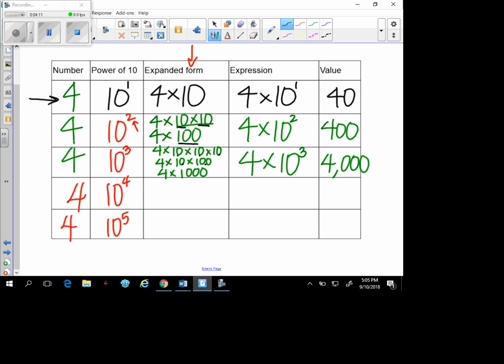I did a 10 times 2 consolidated 10s. 10 times 10 is 100. And then I consolidated them at the end. So based on your exponent, you should see that many rows in that expanded form. So let's go ahead and get this chart copied down in our notebook, see if you can figure them out. And I know that you guys are really awesome at this, and you're really awesome at patterns. So good luck. And let's go ahead and move to the next station when you're ready.